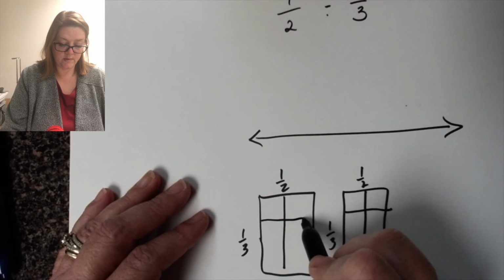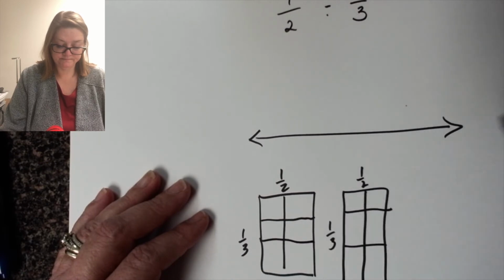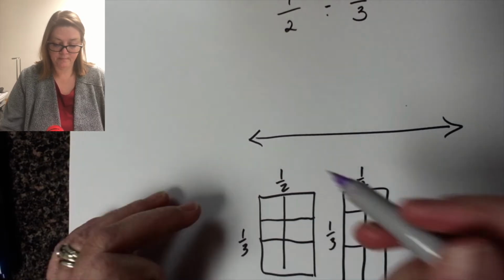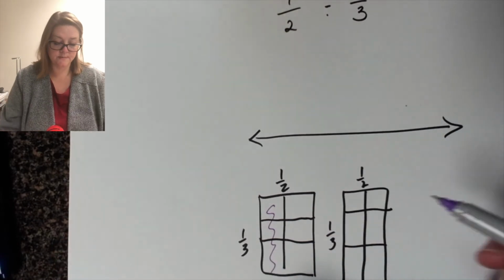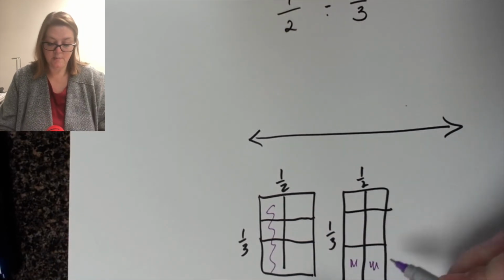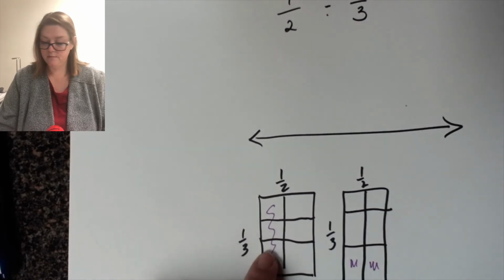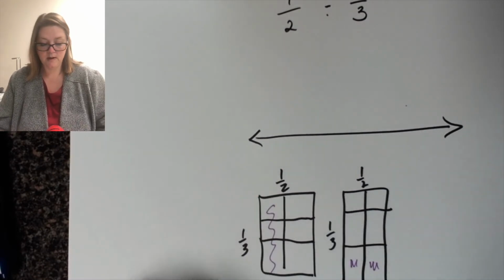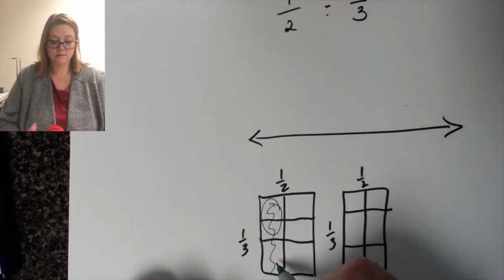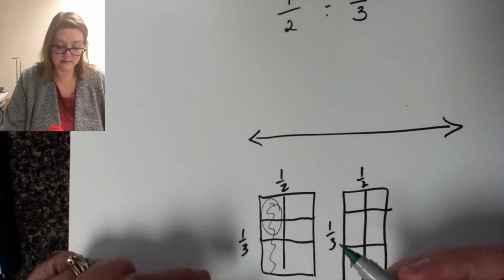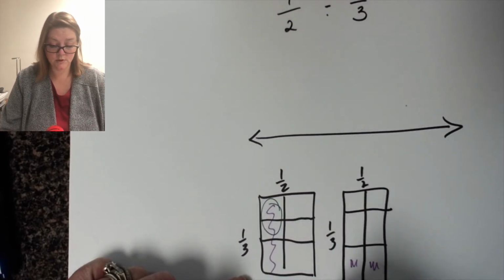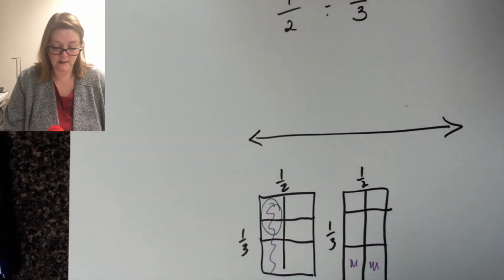And this is going to be 1/3 too. Now I'm going to go ahead and mark this one, which is 1, 2. How many pieces do I have? I have 2. Now come over here. I'm looking for how many groups do I have in here? Here's 2, and I only have a half of another 2, so it's 1 1/2.